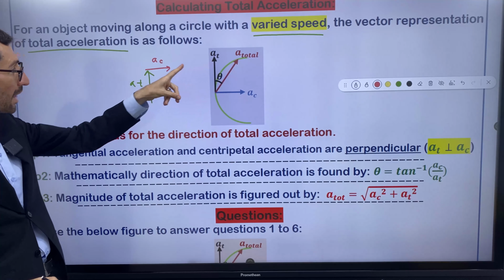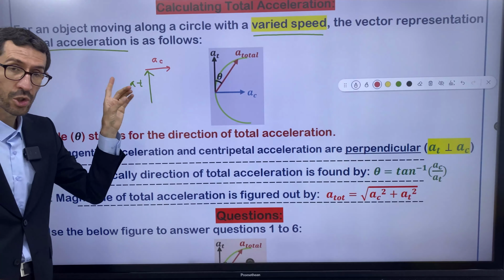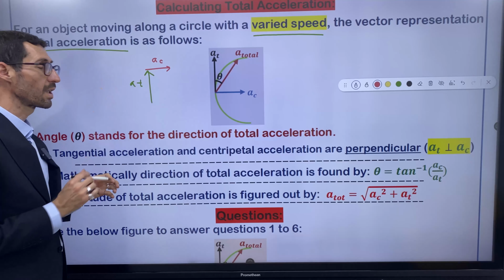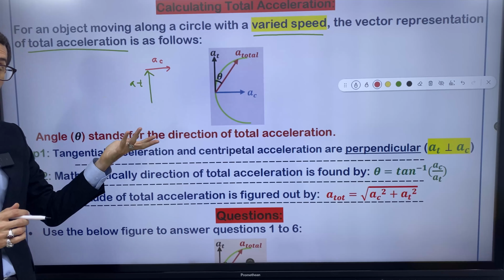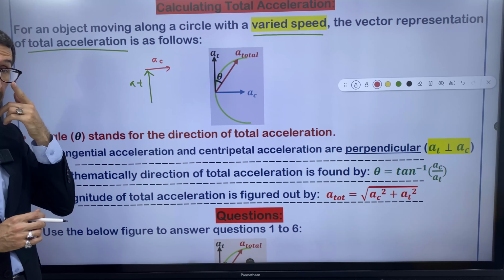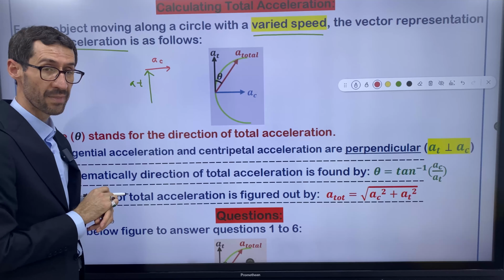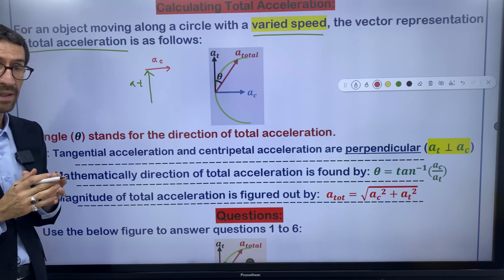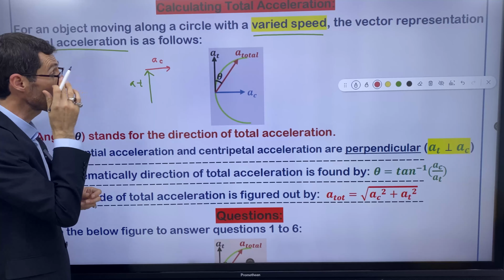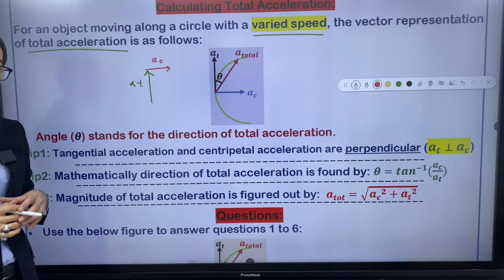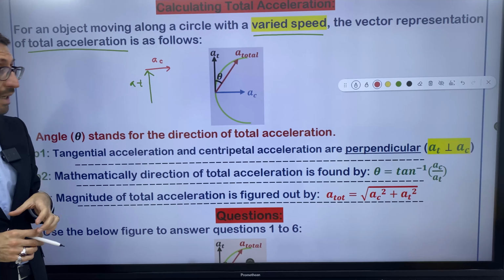I just moved AC because for drawing a vector triangle, you have to draw the vectors tip to tail, one after another, in order to get the triangle. So two sides of the triangle are present.